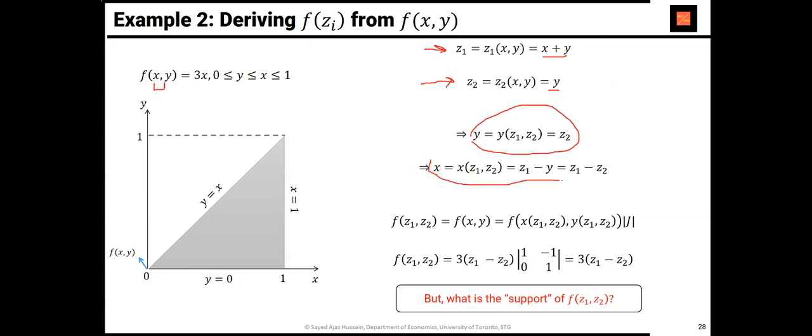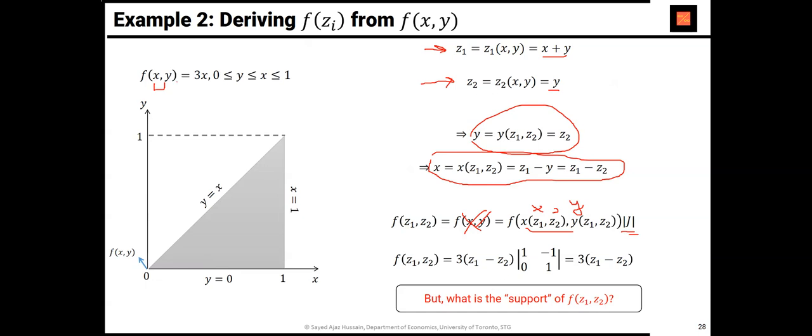I can express x in terms of z1 and z2. And then by the same trick that I used before, the joint density of z1, z2 is, sorry, this should not be there. Sorry, guys. Well, it can be there, but take the joint density of x, comma, y, and then multiply by the Jacobian. So let's go slowly.